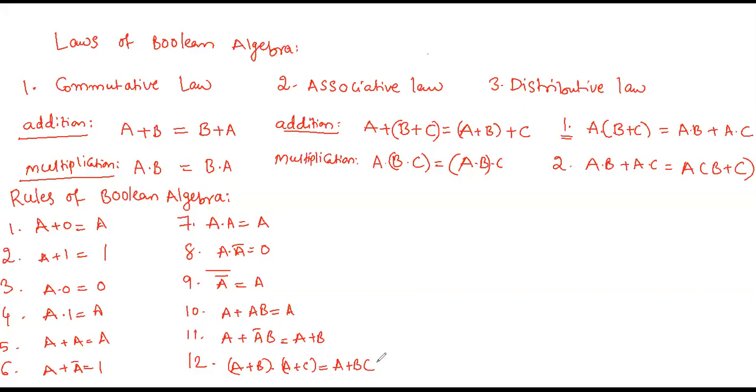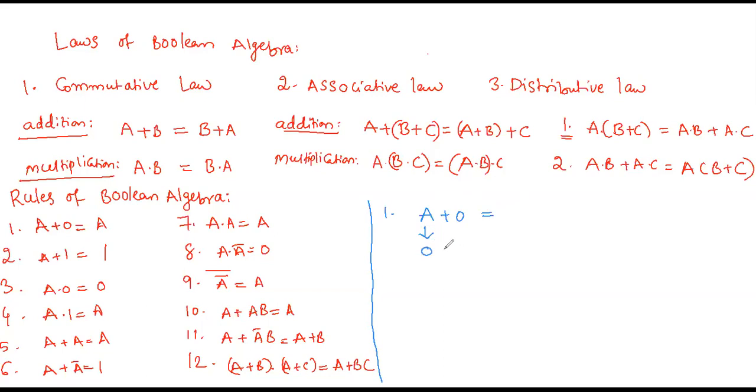Now, we need to prove these rules. We'll go with one by one. Rule number 1, A plus 0 is equal to A. We need to prove this one. First, a variable will take either 0 or 1.